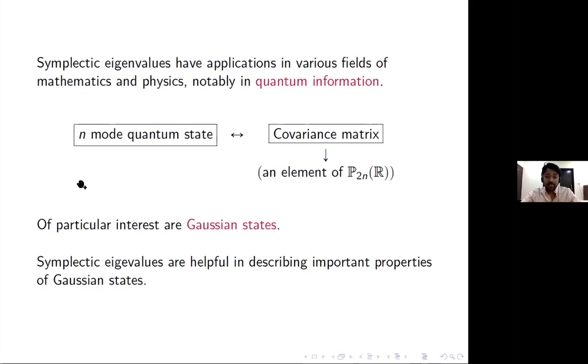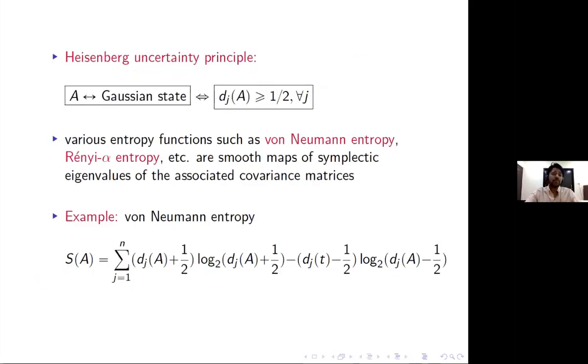To give you a few examples, we have the Heisenberg uncertainty principle, which can be stated in terms of symplectic eigenvalues as follows. Given a positive definite matrix A of size 2n, it's the covariance matrix of a Gaussian state if and only if each of its symplectic eigenvalues is greater than or equal to half.